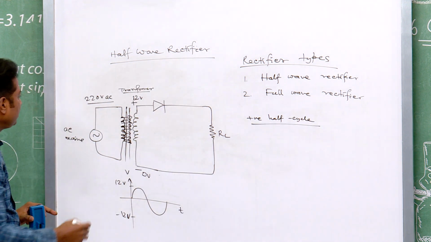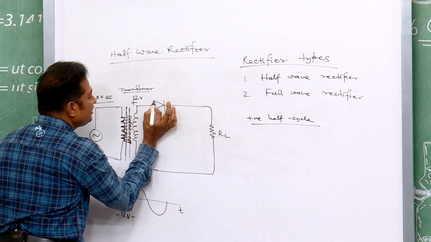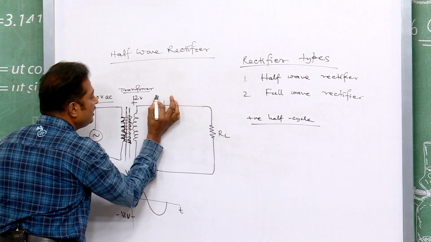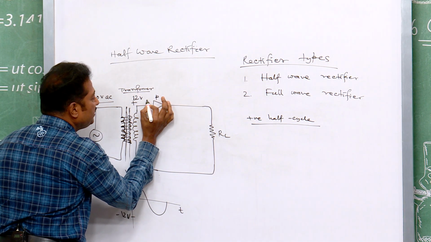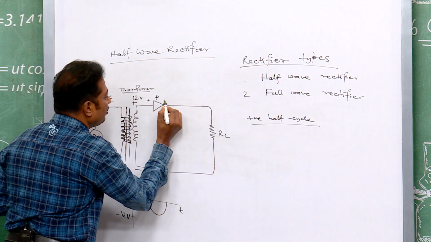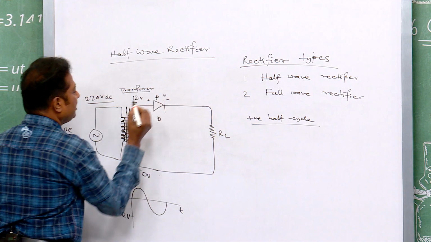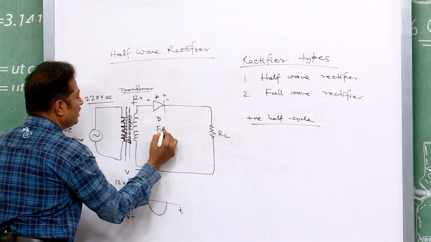So, what happens to the diode? You see, your P side is connected to positive, and your 0 is connected to negative side, so the N side is negative. So, it is forward bias.